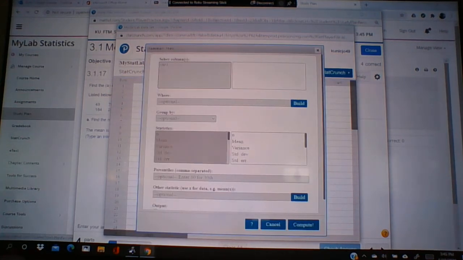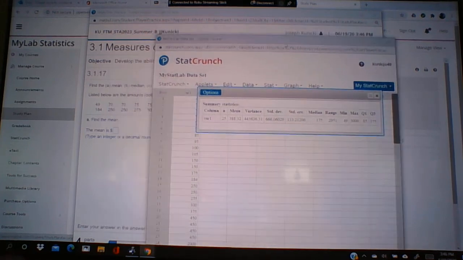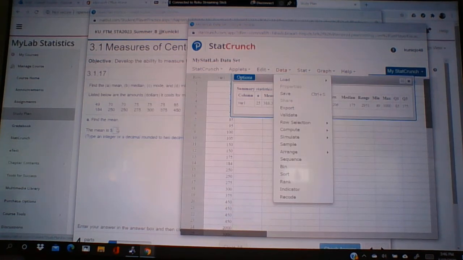I highlight VAR1, and then I go down to the bottom and hit compute. There's my summary stats. I'll move this over. You can see that the mean is 388.32. That's what they want, 2 decimal places.